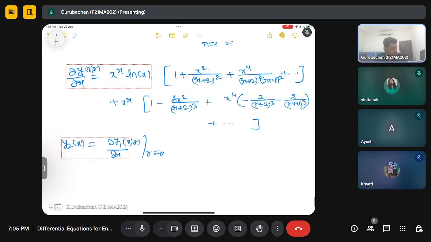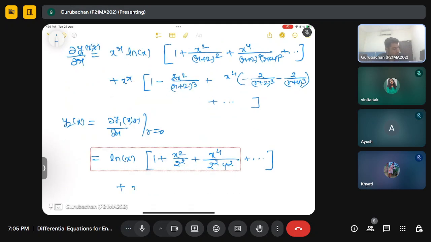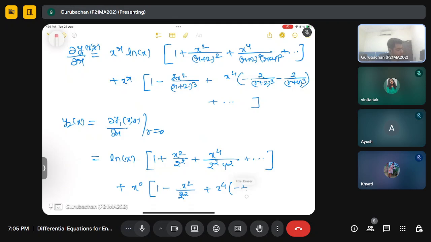If you put r as 0, your solution is ln x times 1 plus x square by 2 square plus x to the power 4 by 2 square into 4 square, and so on, plus x to the power 0 times 1 minus 2x square divided by 2 cube, which is x square by 2 square, and plus x to the power 4, this will be 1 by 2 cube, so minus 1 by 4, or you can say 1 by 2 square minus, and the other factor will be 1 by 2 into 2 cube.